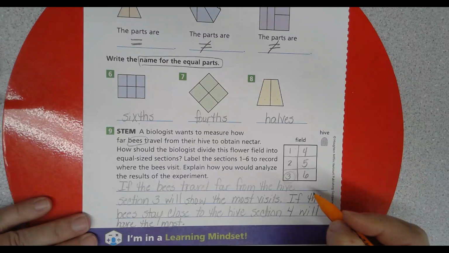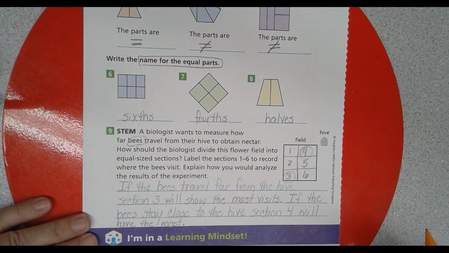Well, if the bees goes to the hive, section 4 right there should have the most visits. So you didn't have to have exactly what I have on here, but you need to have some kind of explanation of how you're going to figure out what's going on with these bees.